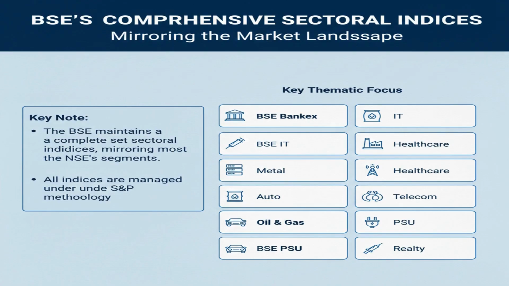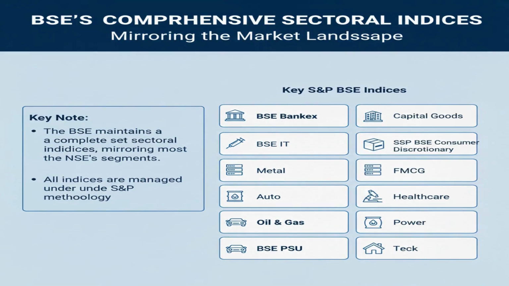Key S&P BSE indices: S&P BSE BankX, S&P BSE Capital Goods, S&P BSE Consumer Discretionary, S&P BSE FMCG, S&P BSE Healthcare, S&P BSE IT, S&P BSE Oil and Gas, S&P BSE Power, S&P BSE Realty, and S&P BSE Tech.